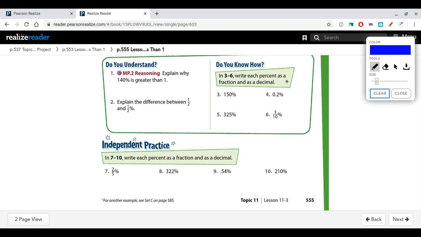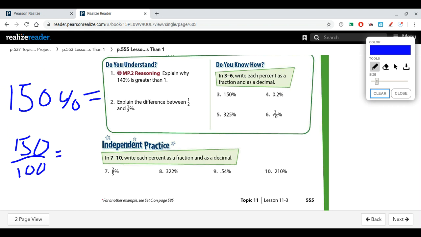All right, so we're going to write each percent as a fraction and as a decimal. So if I have 150%, if I write it as a fraction, it's 150 over 100. And then if I simplify that, that's going to be divided by 50. So it's going to be equal to 3/2.